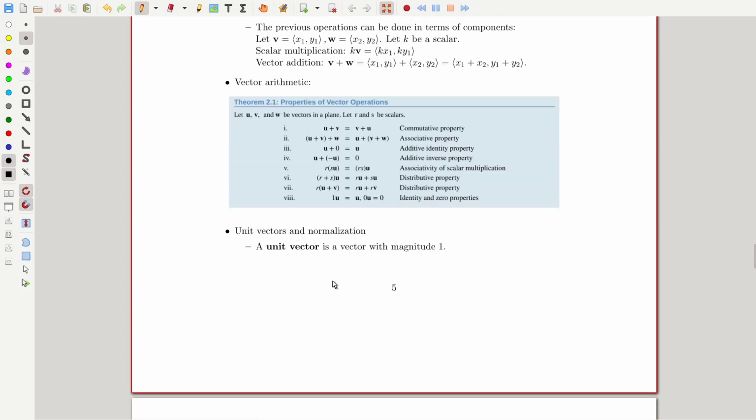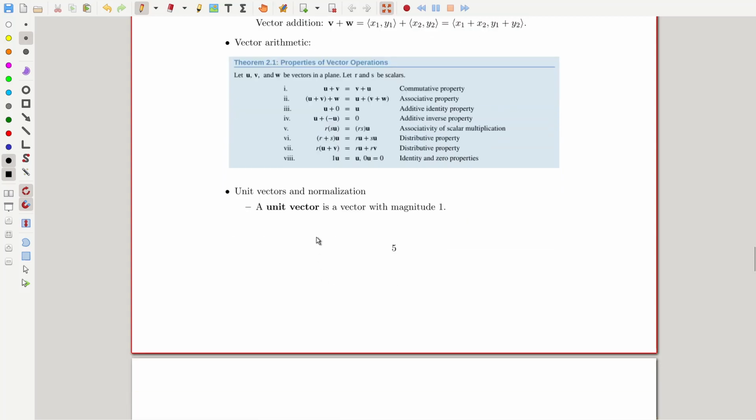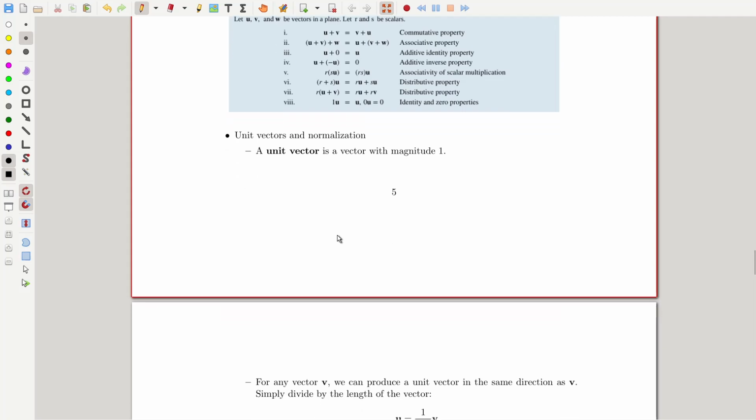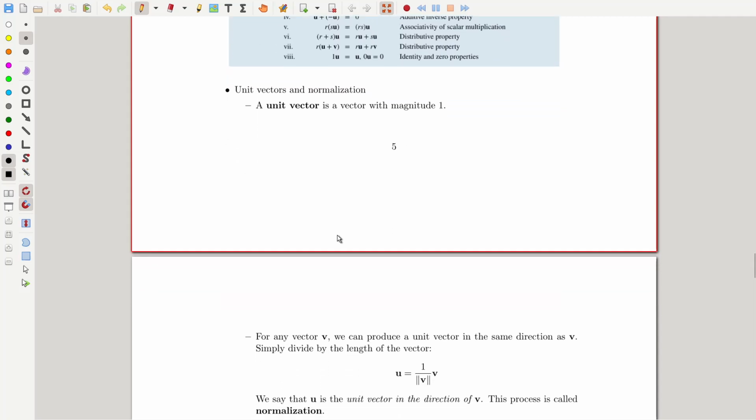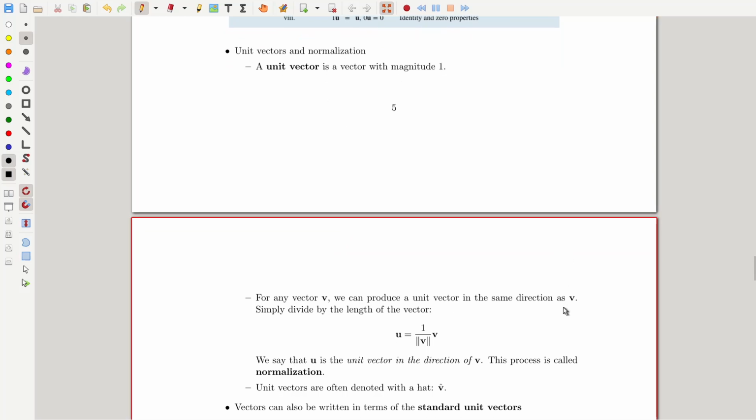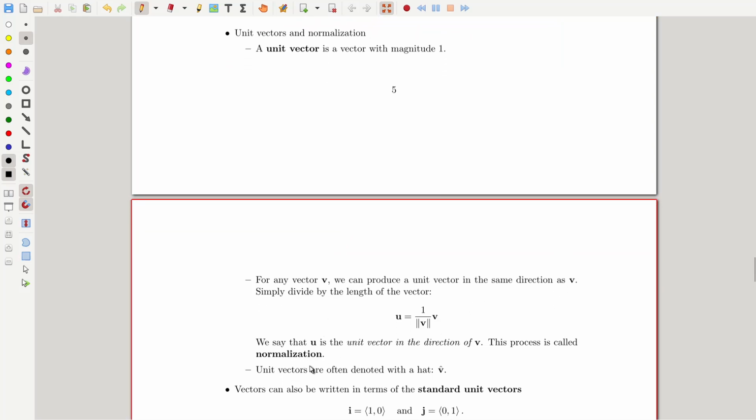Okay. Moving on. So unit vectors and normalization. Unit vectors are an important concept. They're probably the nicer vectors to work with. Unit vectors are vectors with a magnitude of 1. They have length 1. They're very useful things. Okay. So normalization is another thing.